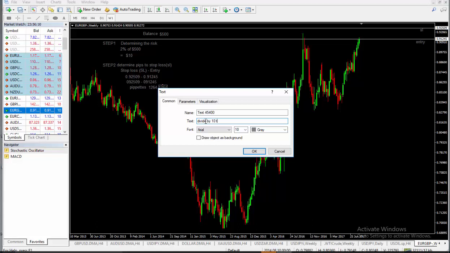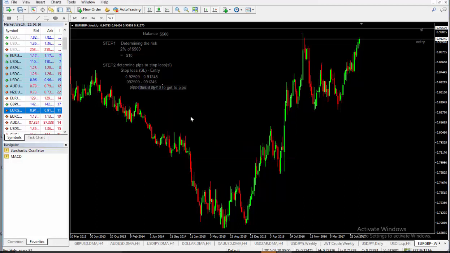Divide by 10 to get pips, which will give us 126.4 pips.